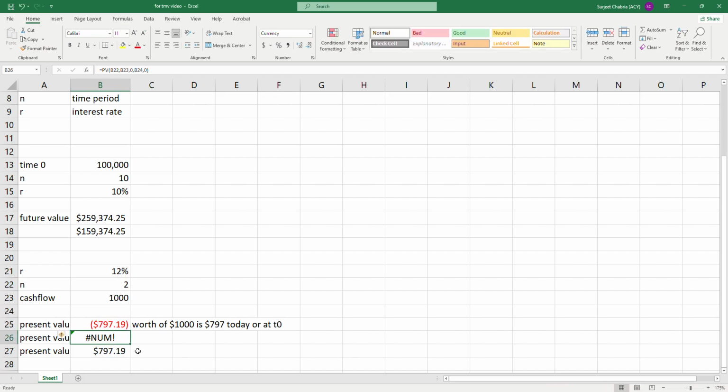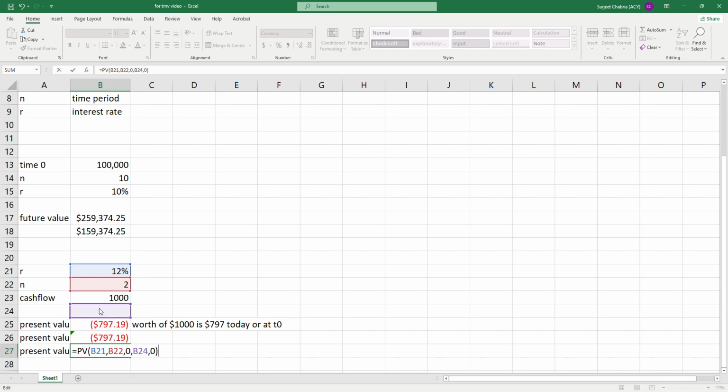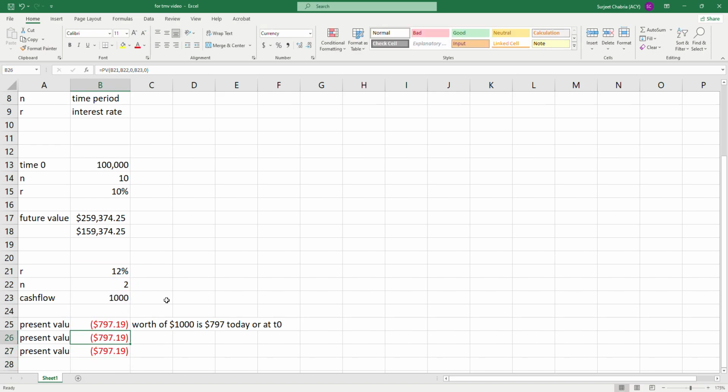So let's correct these cells in here for this one first. So R should be 12%, and then R should be 2%, and cash flow should be this, right? That is correct. And then similarly, we will correct this here as well.